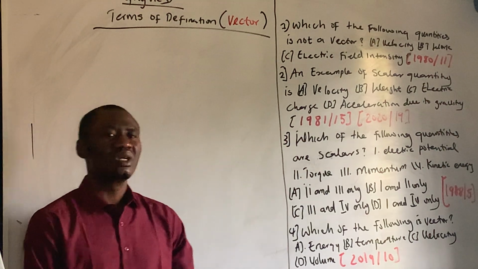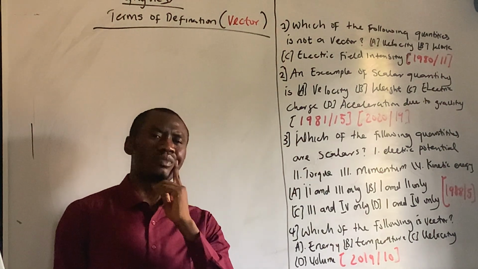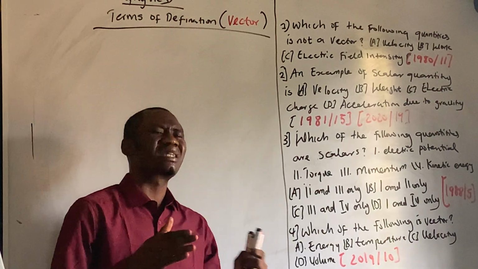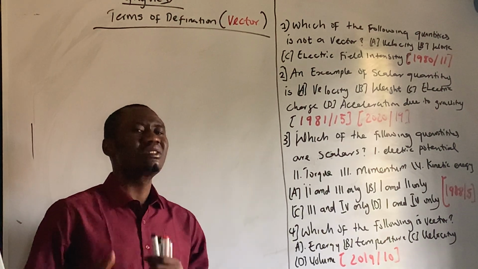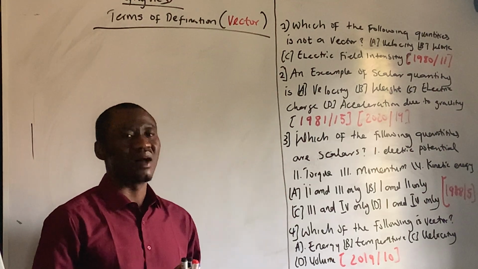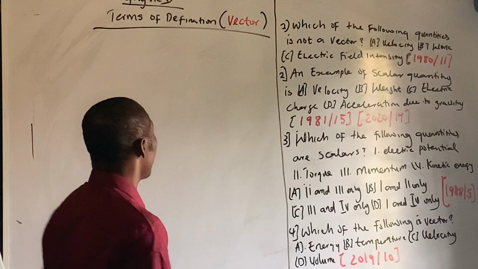I'm going to give you an acronym to solve this problem. We're going to write out all the scalar quantities, and any quantity that is not included in this scalar list, you know that it is a vector quantity. Can you write for me?